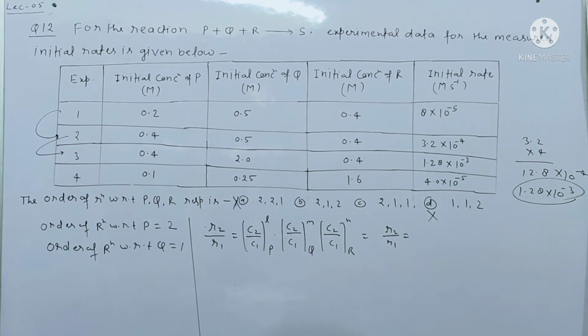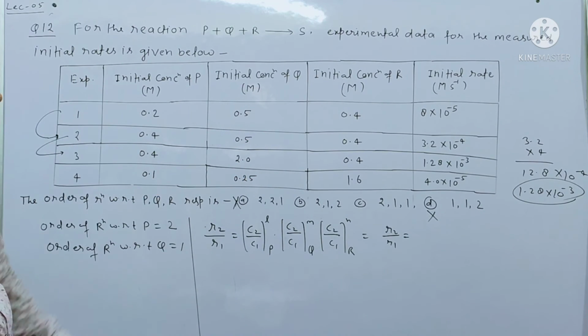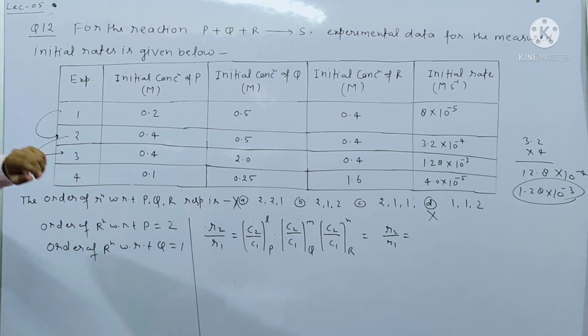What is the C2 here? One more thing: in this experiment, we can take any observations to calculate the order with respect to R. So let's take experiments number 1 and 2.